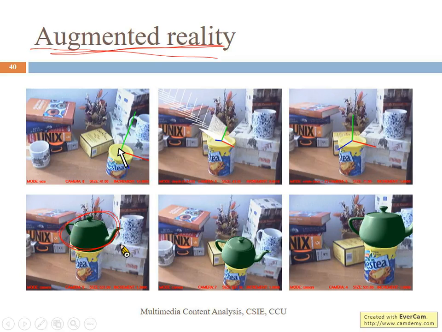And when we move the camera, this object will change correspondingly. Therefore, it looks like this object is always located at the top of the can. And this can be done only if we can accurately determine the match between different images.